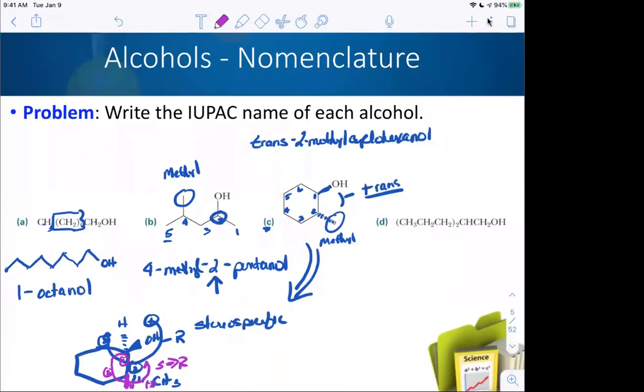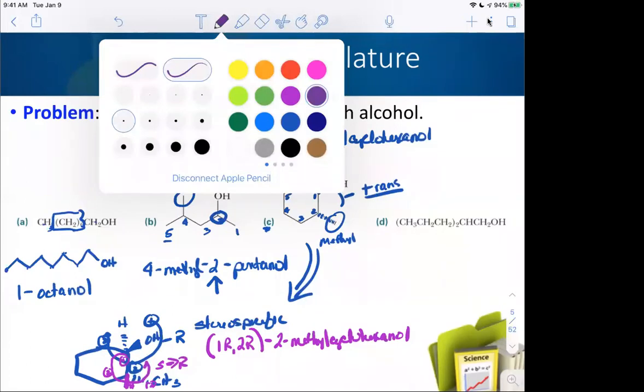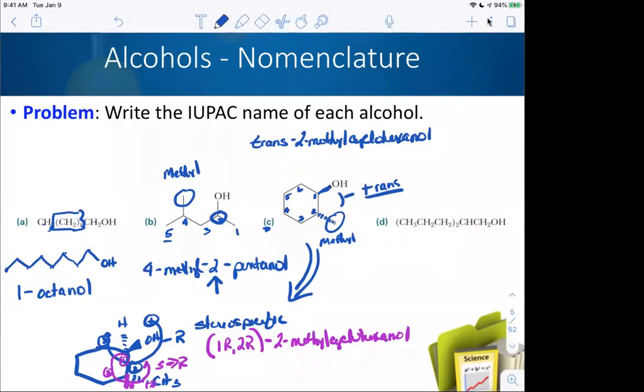So what I have here is 1R, 2R, 2-methylcyclohexanol. And that would be the name that I get for this particular specific structure. This is naming an enantiomer which is indicated.